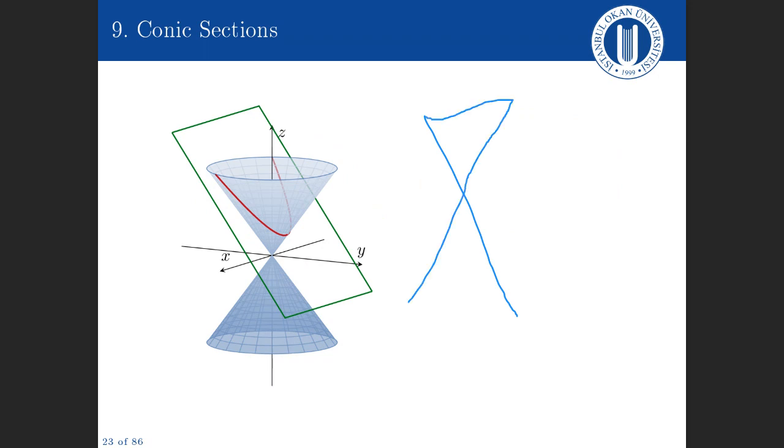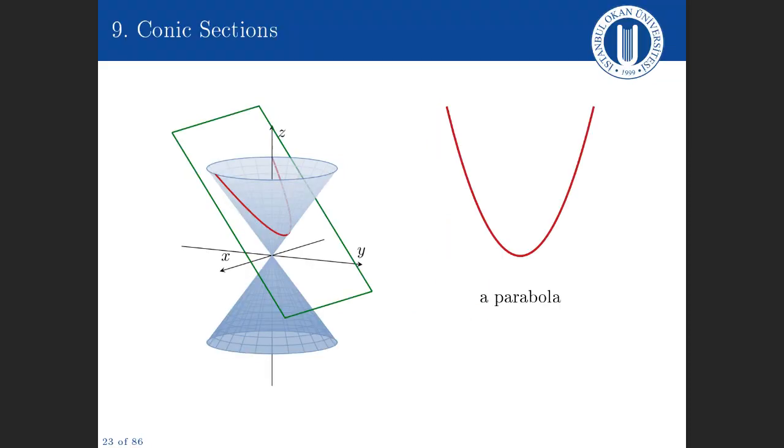This is my double cone. I want to cut the cone in such a way that my cut is parallel to the edge of the cone. Then the shape that we get is a parabola.